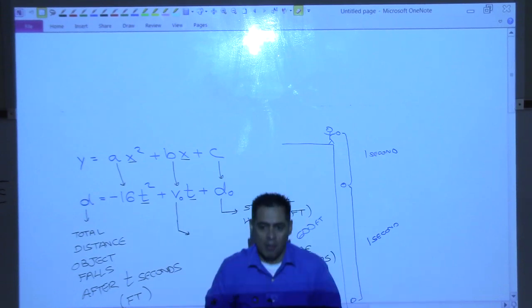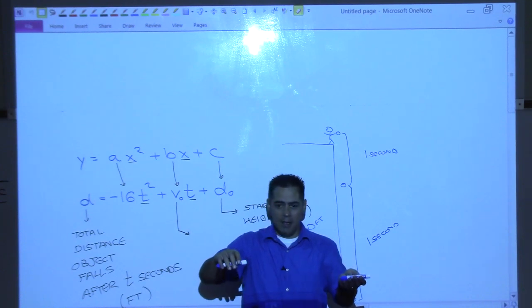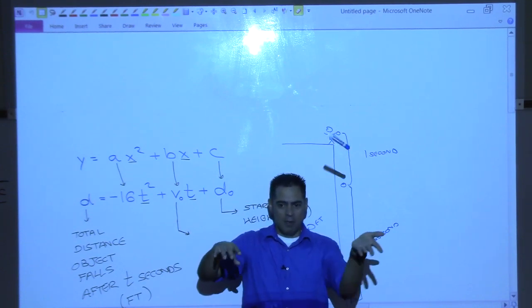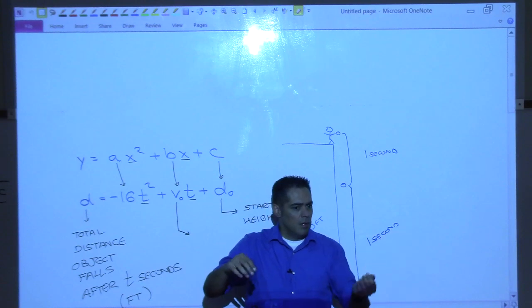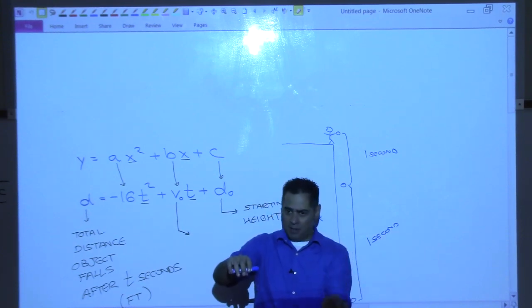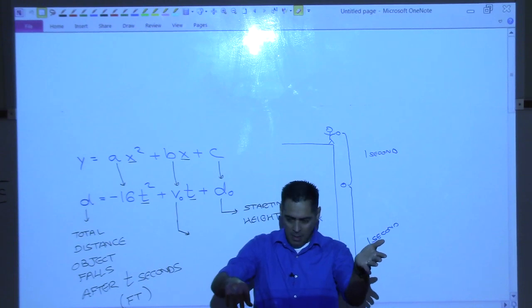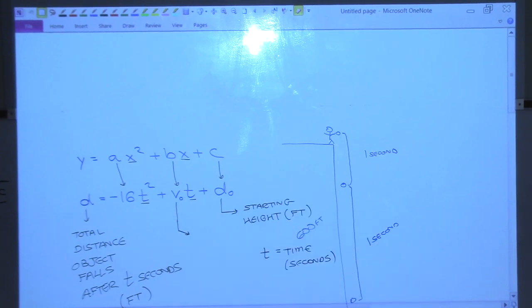Or if I do it the other way, instead of throwing it down, I throw it up a little bit, and just let this one go. As soon as that one leaves my hand, the only thing acting on it is gravity, so that one took longer.